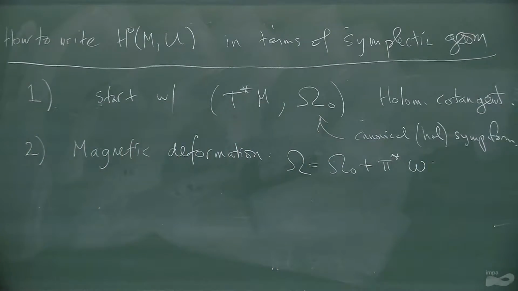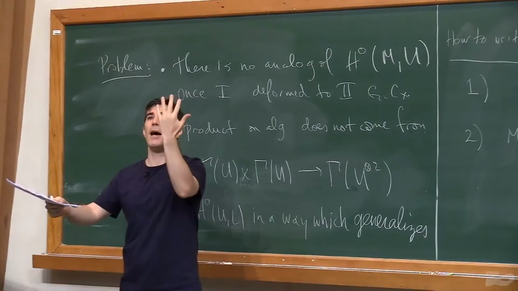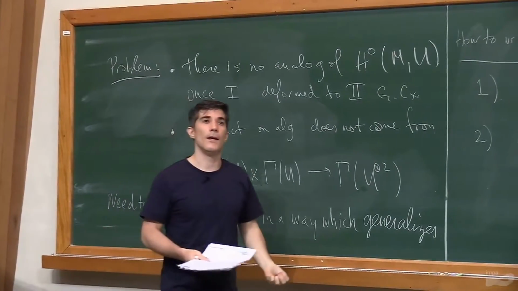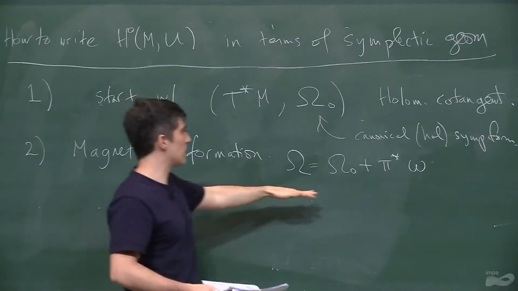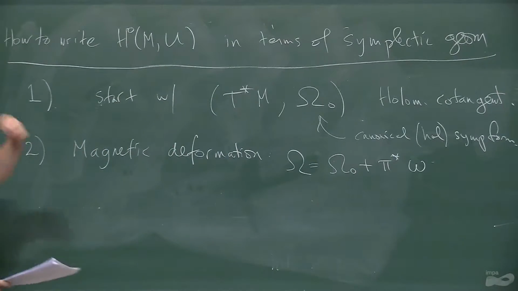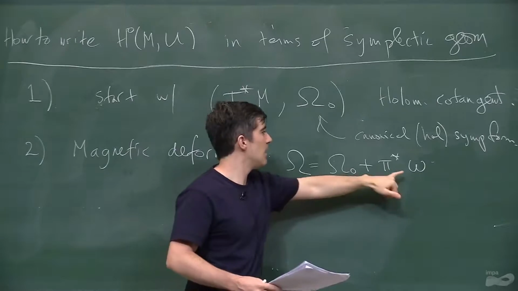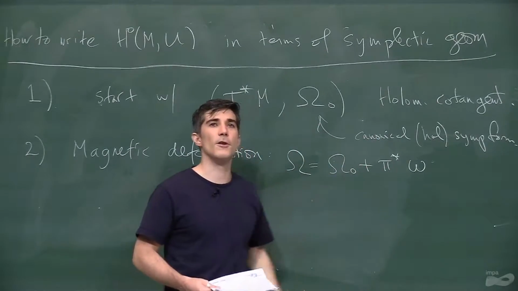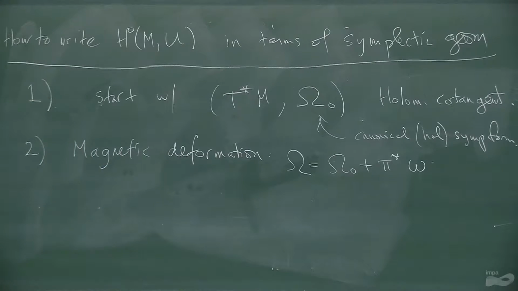So whenever you take a cotangent bundle and you take a two-form on the base and you pull it back and add it to the two-form, that's called adding a magnetic term. It's a nice way of understanding how particles behave under magnetic fields. You could just change the symplectic form and then do Hamiltonian flow by the same function that you normally do, and this is how the dynamics changes when you turn on the magnetic field, which is given by omega.